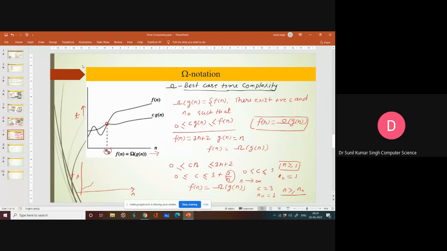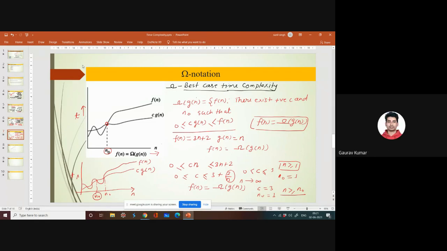Maybe suppose that this is your c g(n), and in this graph it has been started from here, and here it is f(n), and this one will be the value of n naught. Someone is saying that this is the value of n naught. Is it possible to have this one?